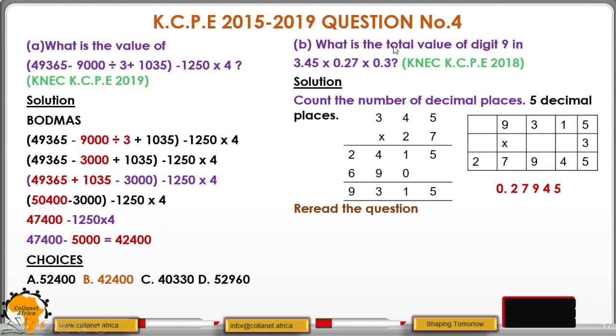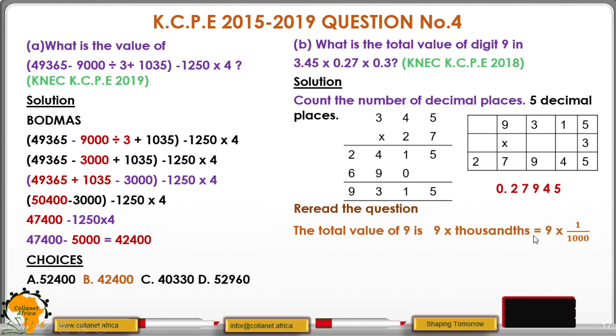So reread the question. The question is asking, what is the total value of digit 9? Oh, the digit 9 is here. So we start saying ones, tens, hundreds, and then thousands with th. So in this case we'll have 9 times thousands, so it is 9 multiplied by 1 over 1000.